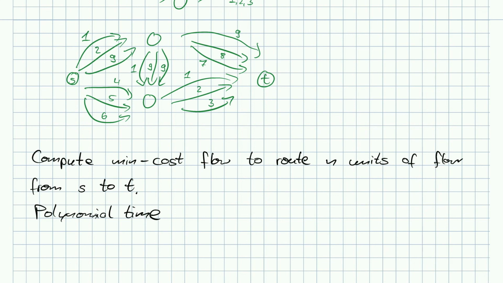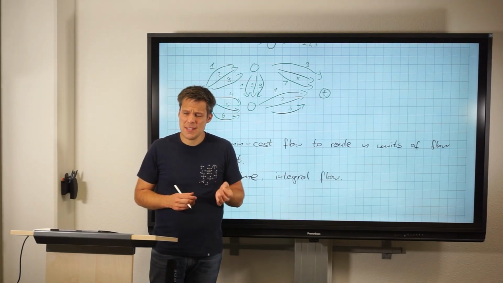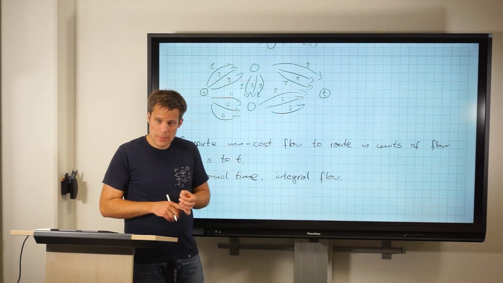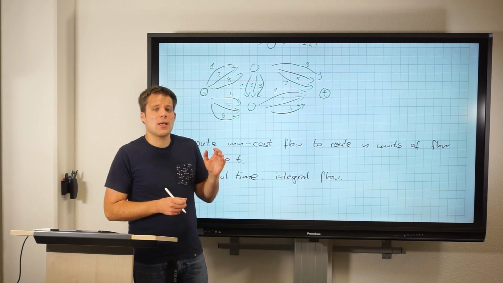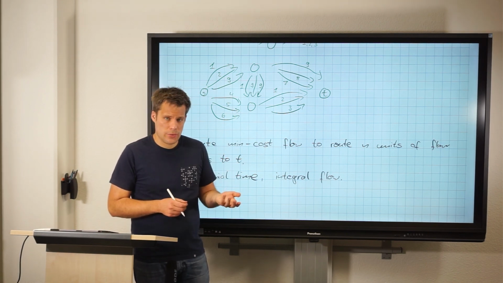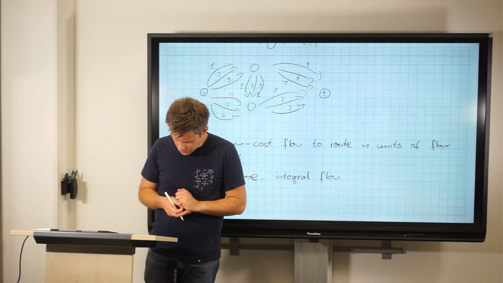And then what is also known is that this will be an integral flow. This means in this graph, because every edge capacity is exactly 1, every edge is either used or is not used. And what will this minimum flow now do?